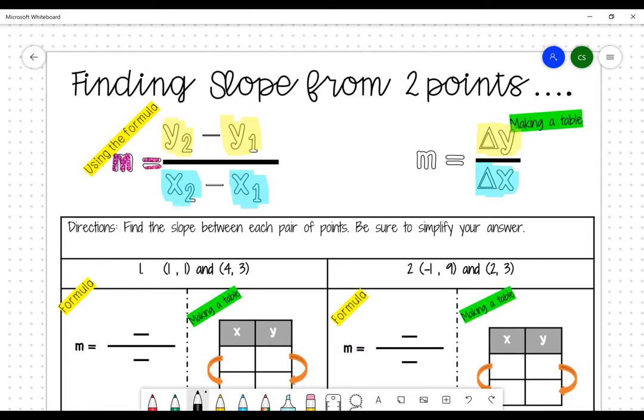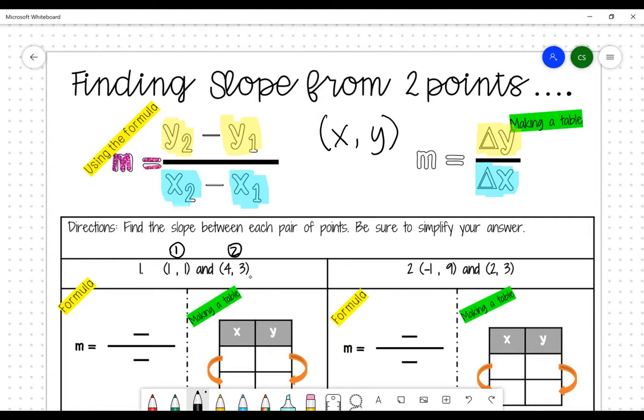So, first of all, we know ordered pairs are written (x, y). X comes first, y comes second. So if I'm finding it from 2 points, I need to know which is my first point and my second point. Well, this is my first point because it comes first, and this is my second point because it comes second.